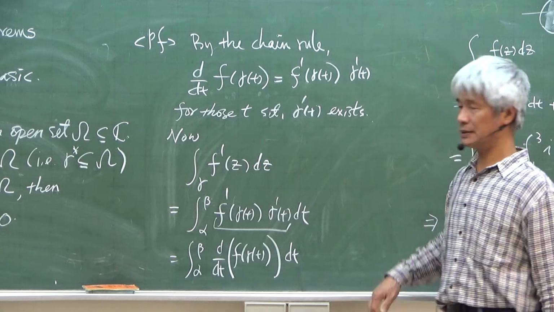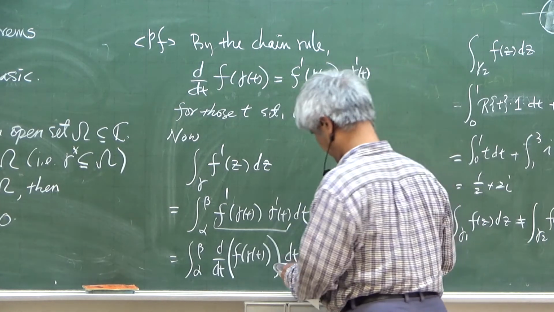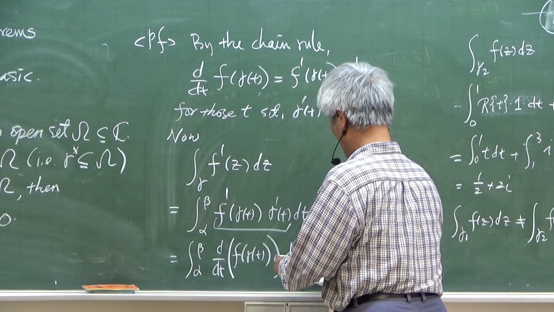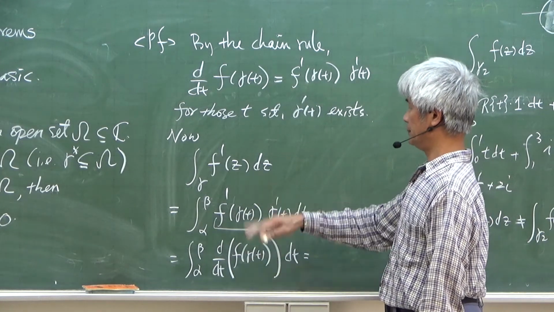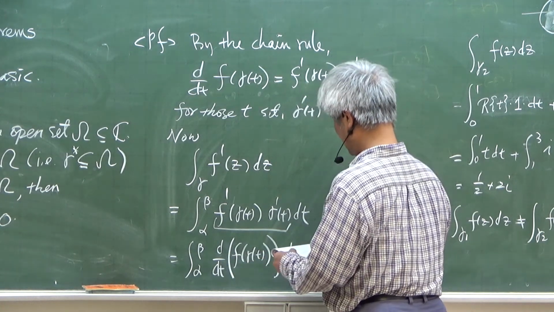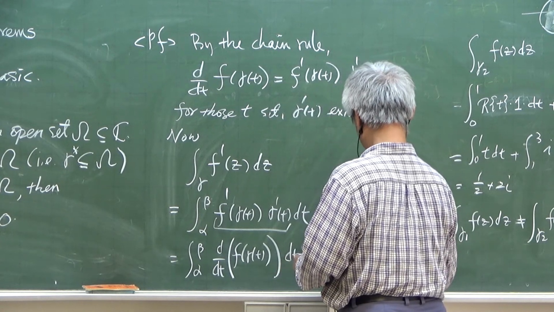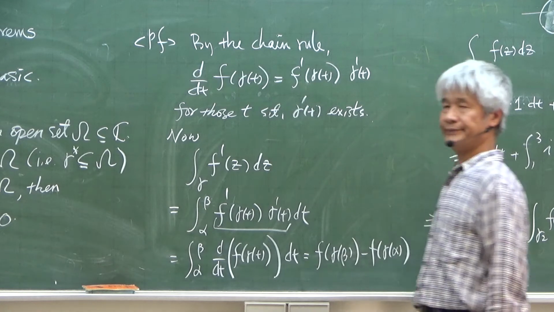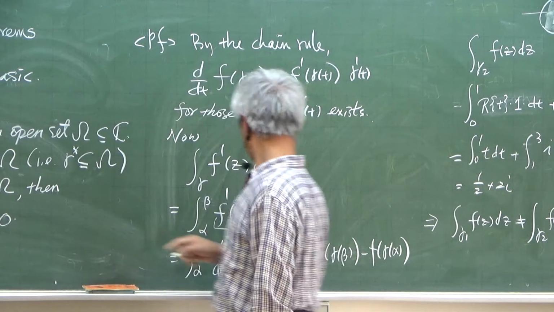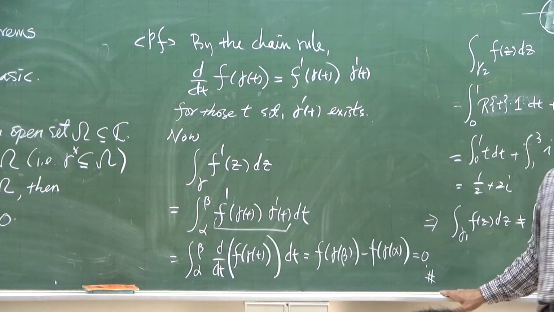So this gives f of gamma beta minus f of gamma alpha. But because the path is closed, gamma beta is equal to gamma alpha, so this is equal to 0. End of proof.